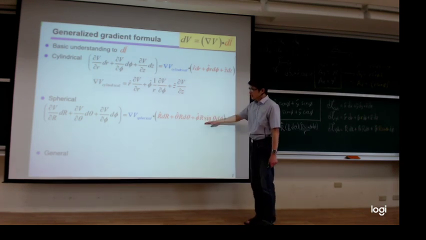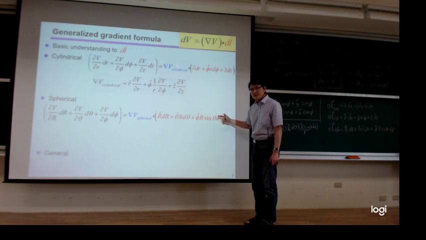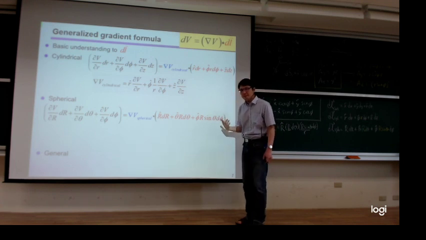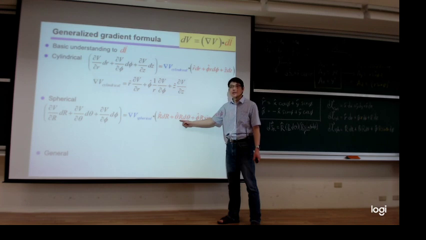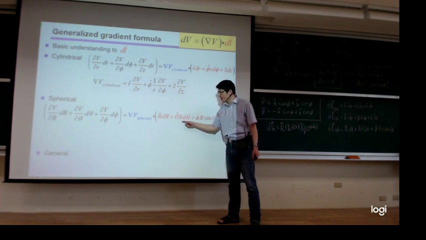And in this case, the differential length for spherical coordinates is more complicated, but it's not so complicated. You only have to consider the two arcs. In the theta direction, the arc length is the entire radius multiplied by the theta variance.